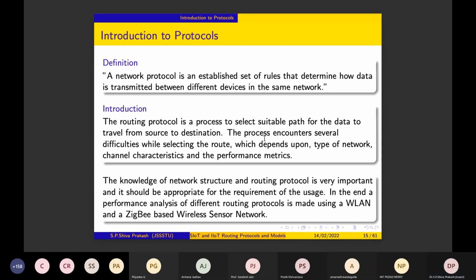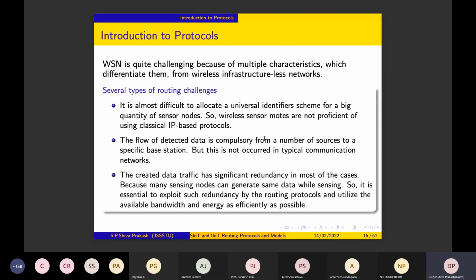The knowledge of network structure and the routing protocol is very important, and it should be appropriate for the requirement of any usage. So at the end, a performance analysis of different routing protocols will be made using either WLAN or ZigBee based WSNs.